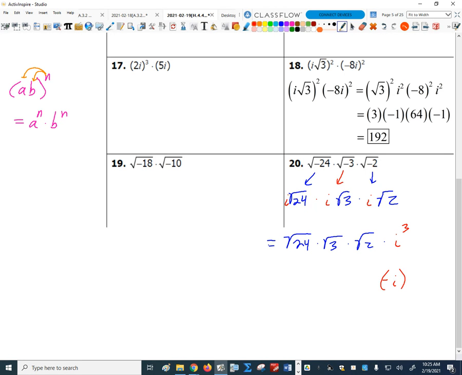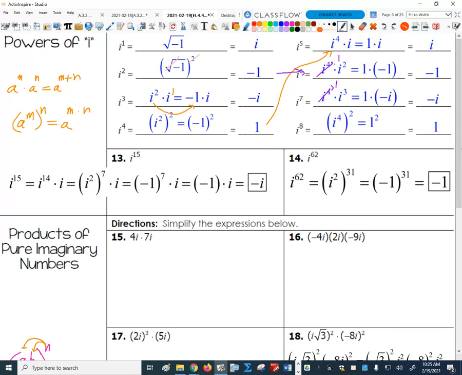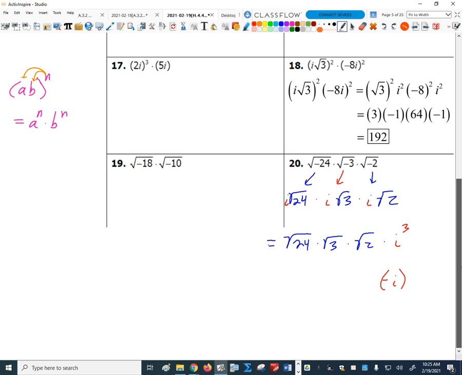Well, if we're using the Desmos trick, I could just multiply 24 times 3 times 2 and then use the Desmos trick. But let's go ahead and use couples go out, singles stay in on this one. Let's use a factor tree. I've already got this thing broken apart into the numbers 2, 3, and 24.